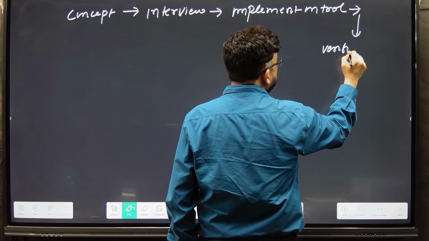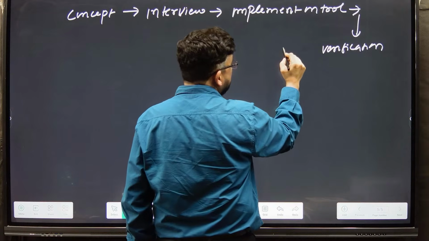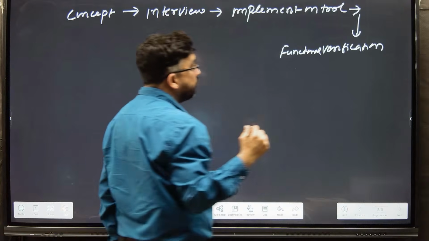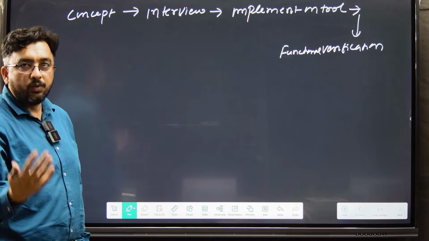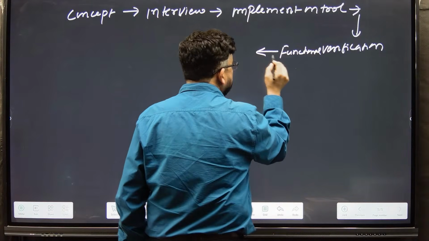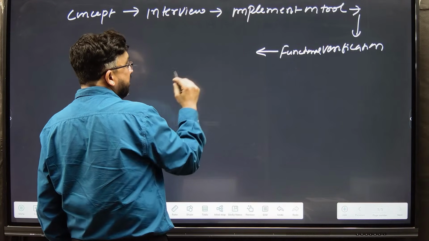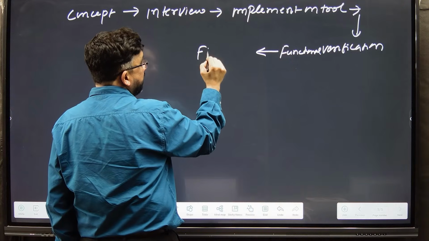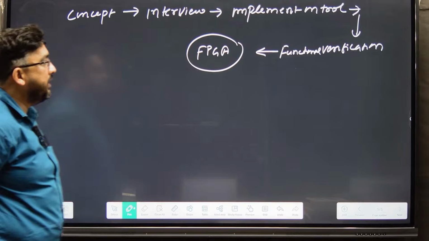That is a simulation. Verification means functionality verification, functional verification. Whatever I am going to design, we check whether the output is correct or not, and if it is 100% successful, then we go for the FPGA implementation. So this is my plan.